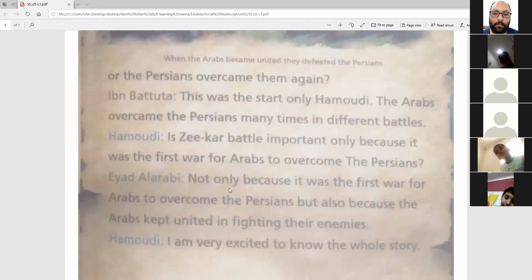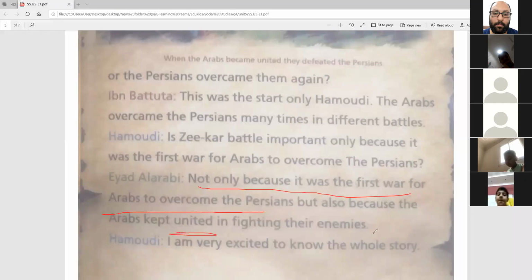The second reason is that the Arabs kept united in fighting their enemies.